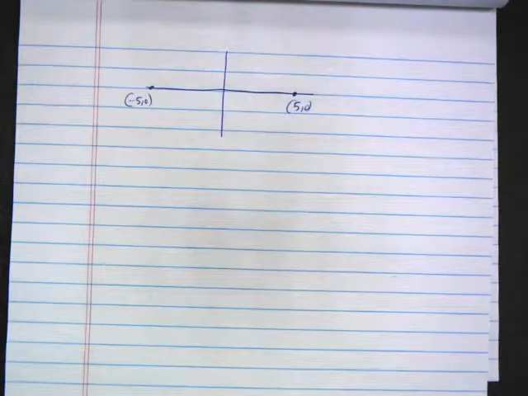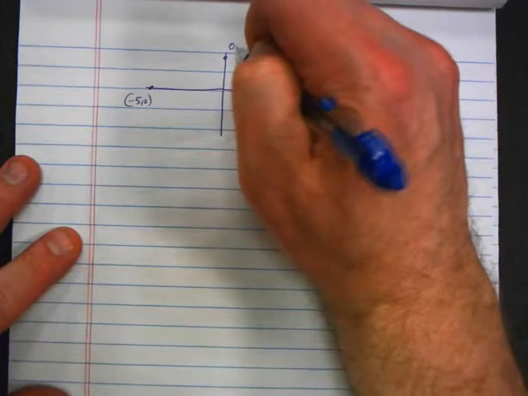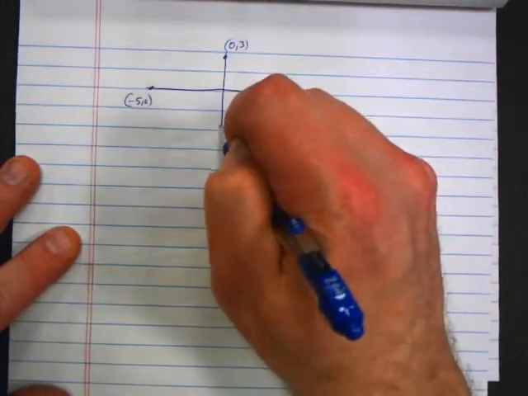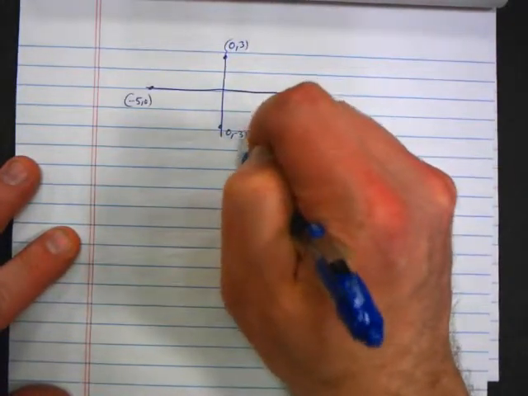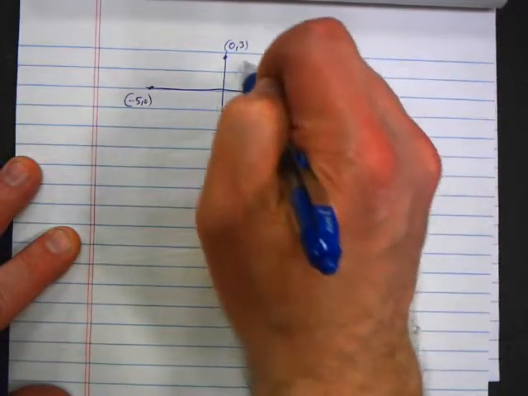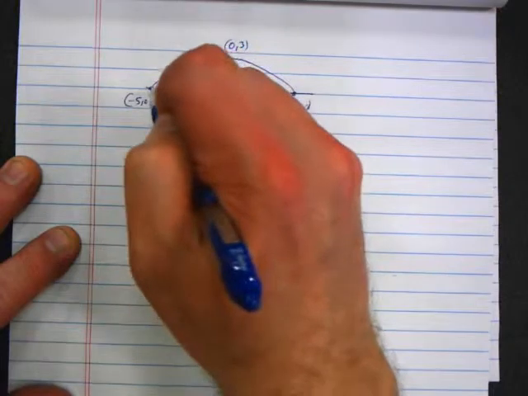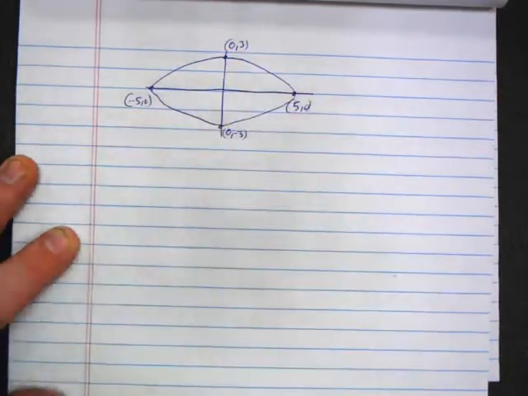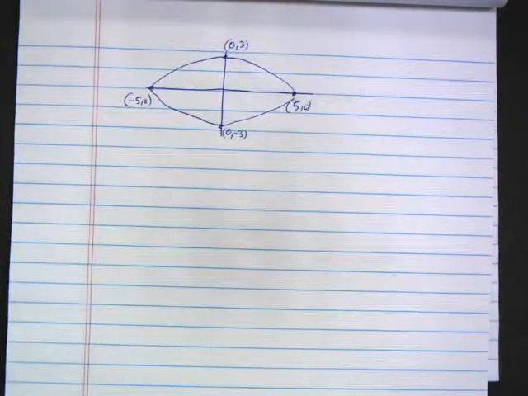Where do you want your co-vertex? 0, 3, 0, -3. So here's this ellipse. Looks like so. I want to find the area of that ellipse.